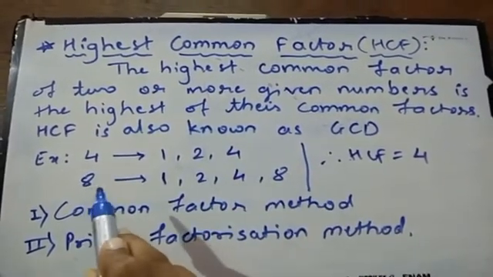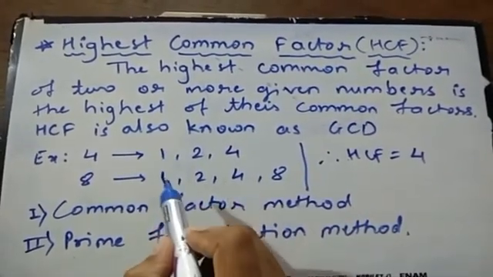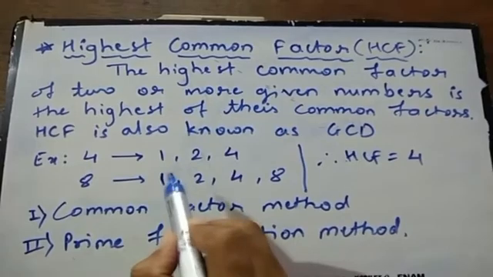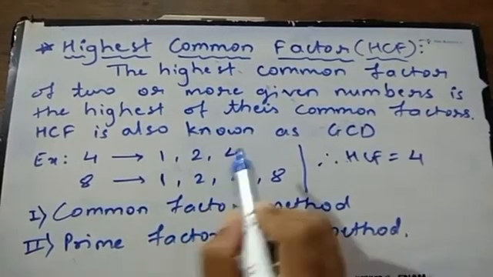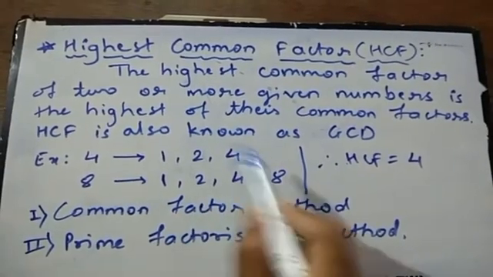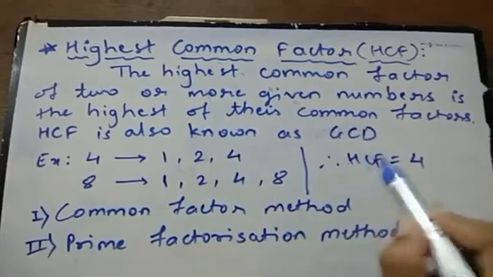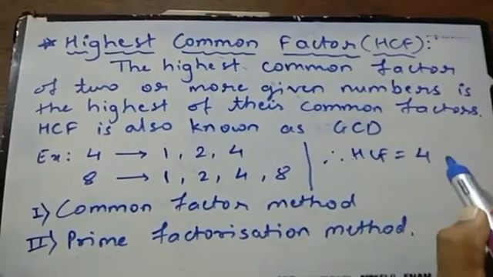The factors of 8 are 1, 2, 4 and 8. Here 1 is common in both, 2 is also a common factor, and 4 is also a common factor. Among all these, the highest common factor is 4. So 4 will be the HCF.